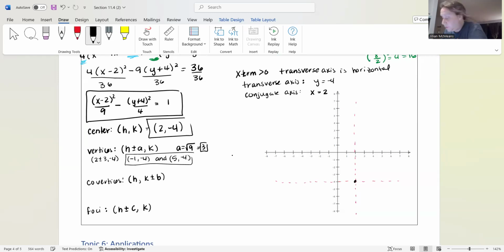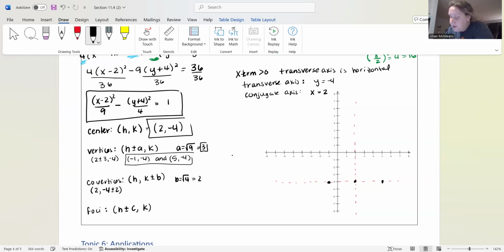We can go ahead and plot those: negative 1, negative 4, and 5, negative 4. Now for the co-vertices, we need b. b is always the square root of the denominator of the negative term. In this case that was our y term, the denominator was 4, and the square root of that is 2. Since k was negative 4, we want negative 4 plus or minus 2.